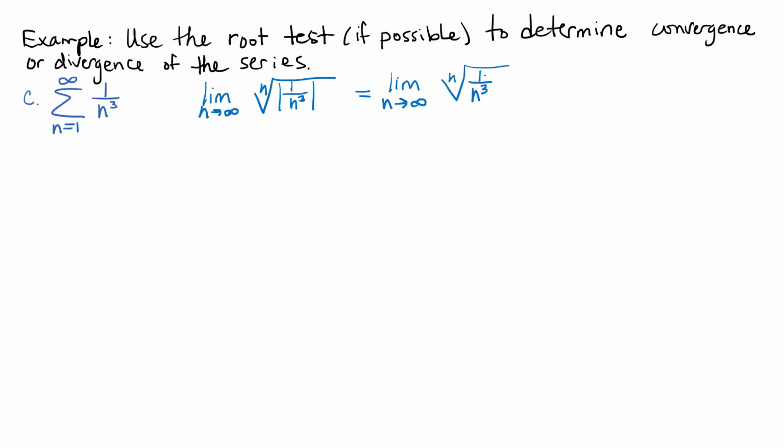And now, taking the nth root, I'm going to think of this as the 1 over n power. So this is the limit as n goes to infinity of 1 over n cubed to the 1 over n power. Raising each part, the numerator and denominator, to that power, we would have then the limit as n goes to infinity of 1 over n to the 3 over n.